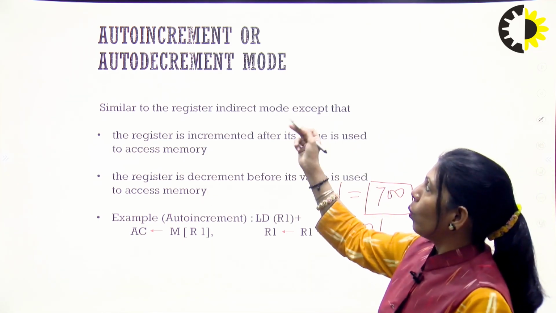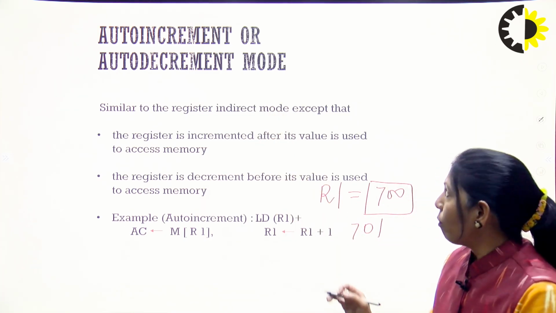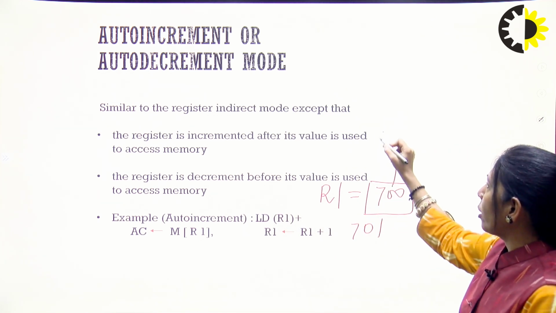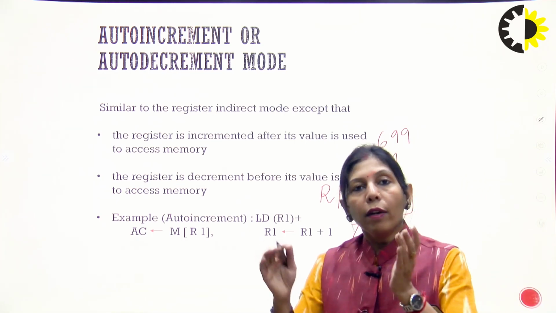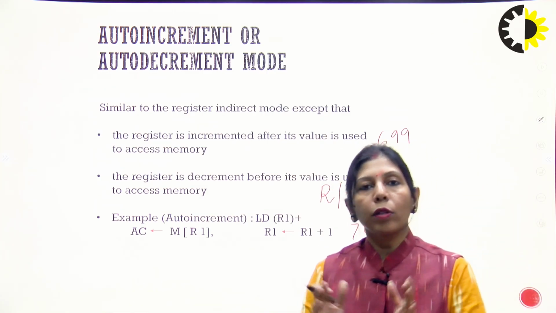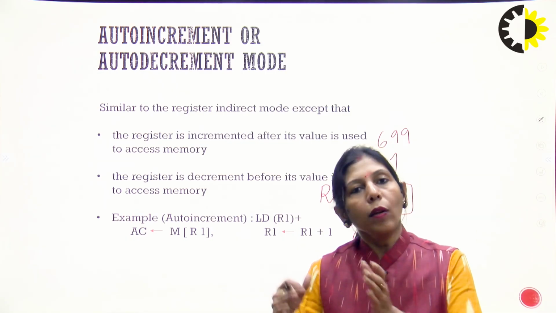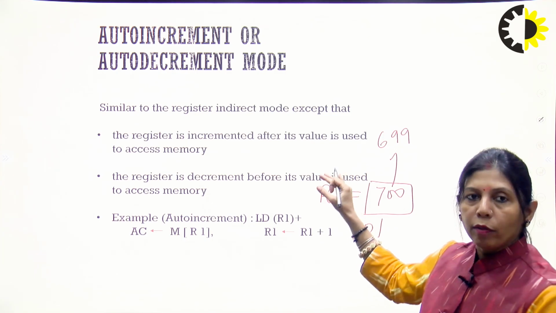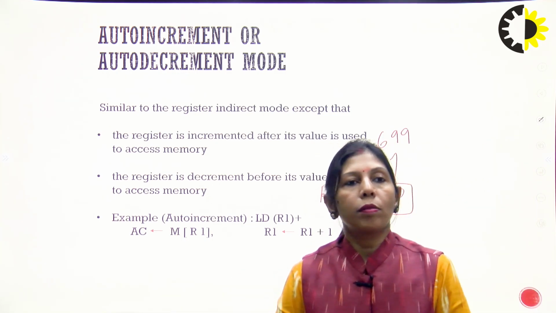Whereas the auto decrement mode tells us to first decrease the value, so it becomes 699, and only then is the value executed. So in auto increment, first the execution is done, then the register value is incremented. In auto decrement, first the register value is decremented, and then the execution is done.